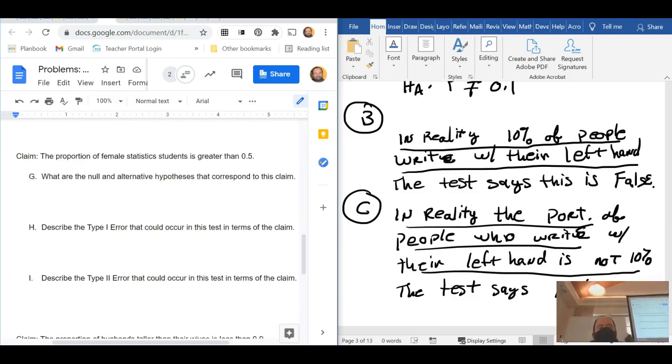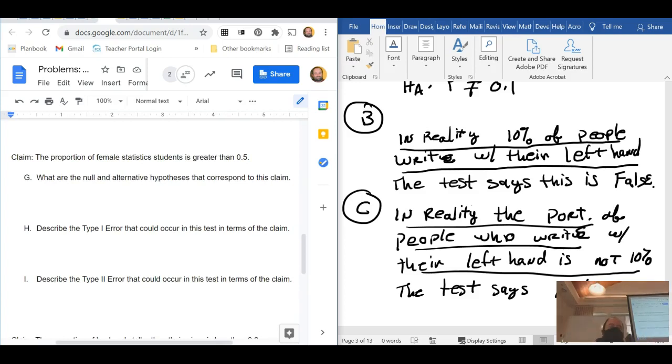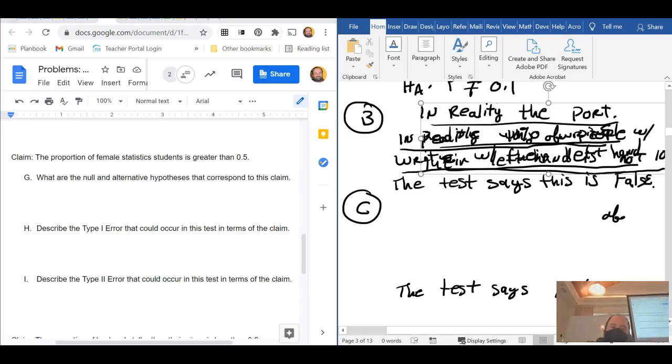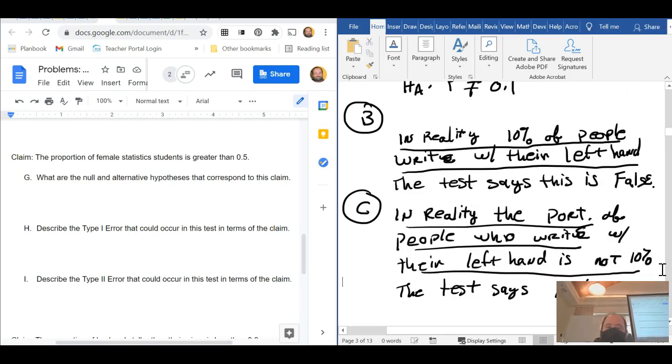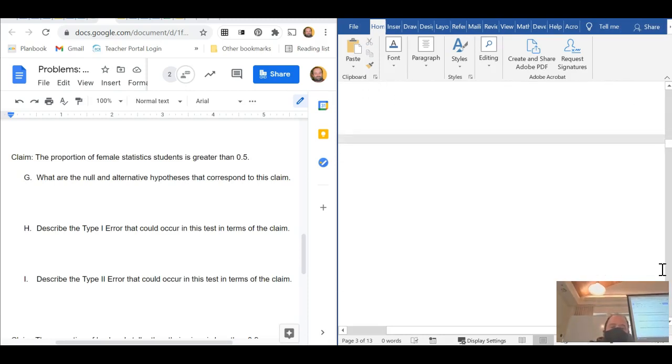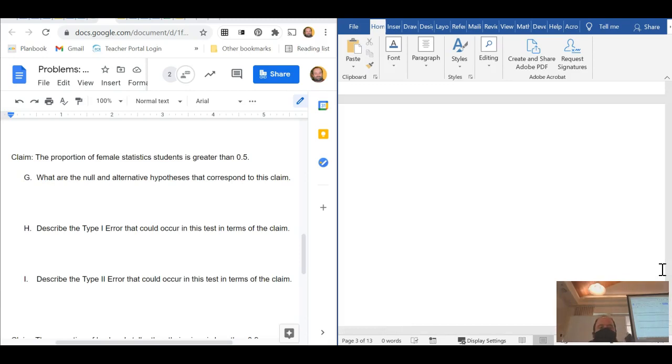I want to drop down to the third claim here because it's a little different. You have to think through what's going on. In this third claim, it says the proportion of female statistics students is greater than half. For G here, I have to write out the two hypotheses.